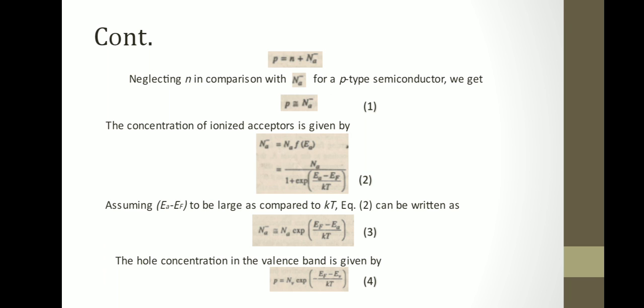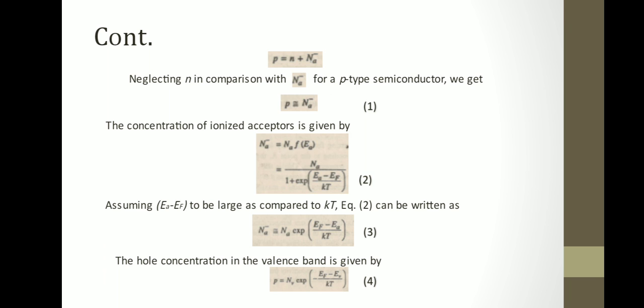Neglecting n in comparison with Na negative for p-type semiconductors, p is approximately equal to Na negative. Holes are also generated from electron-hole pairs, but the holes are much higher in number compared to the electrons. Therefore we ignore the number of electrons.